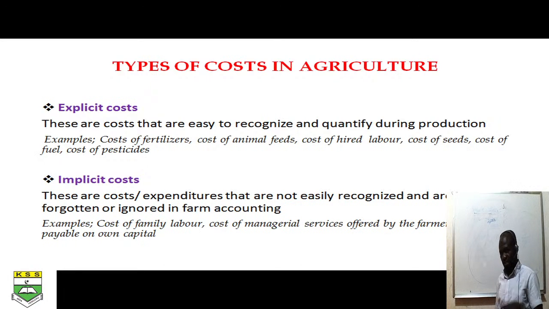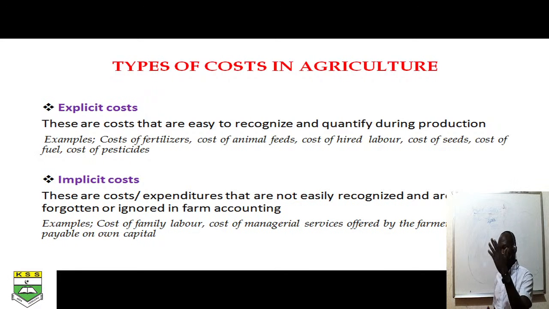So those costs which you can easily recognize, those costs which are easy to identify, are what we call explicit costs. I'm emphasizing the word explicit because the next type of cost is the opposite. It is what we call implicit. The explicit ones are easy to recognize, while these implicit ones are hard to recognize, and most times we end up forgetting them.